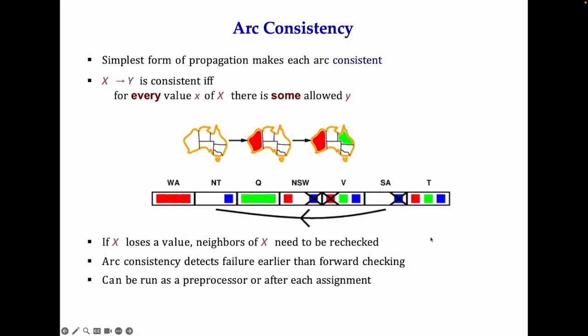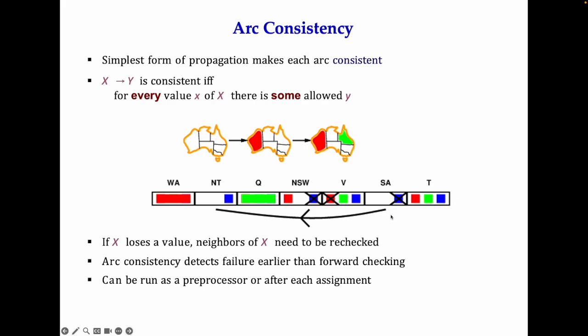Now here, South Australia has only one remaining value, right? This only has blue. And then Northern Territory also has one remaining value, blue, right? And then South Australia and Northern Territory are neighbors, right? So they cannot both have the same color, which means you have to remove blue from one of them, right?